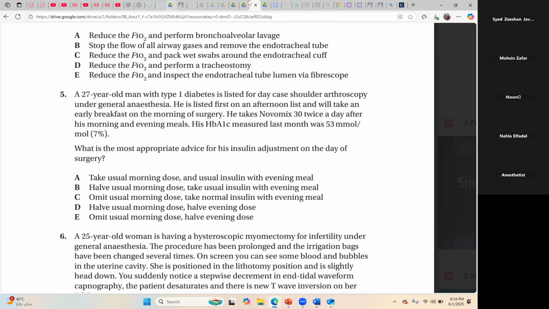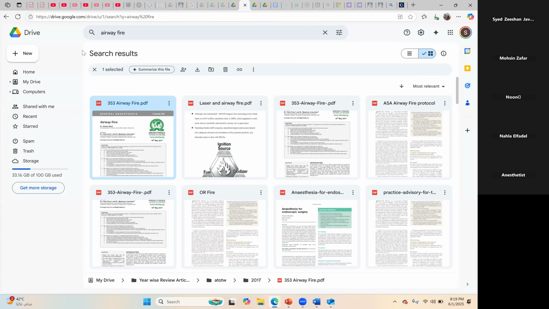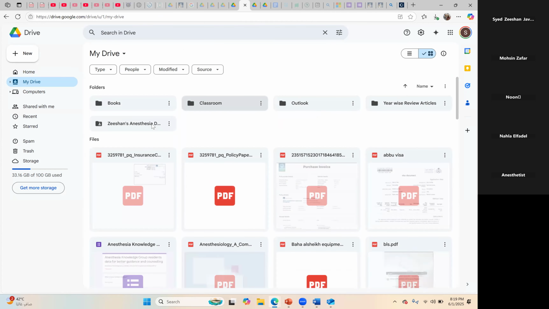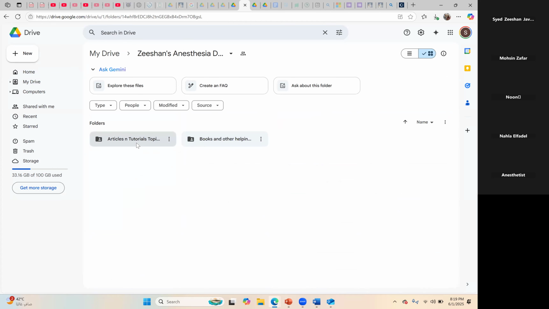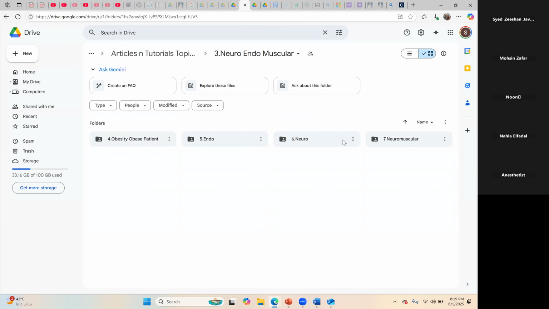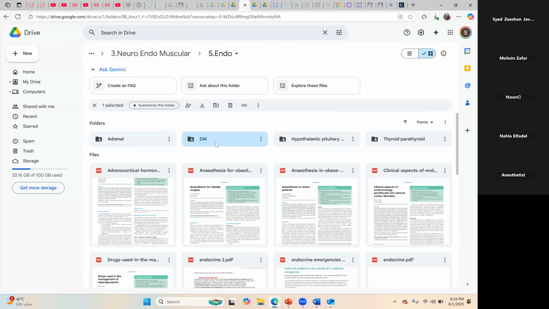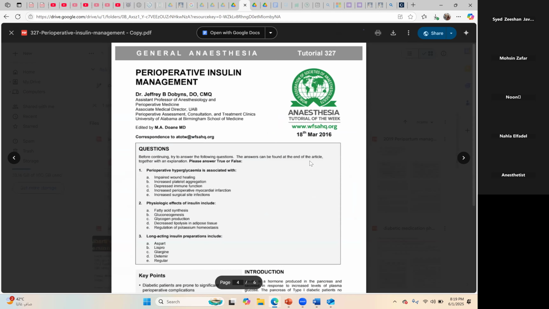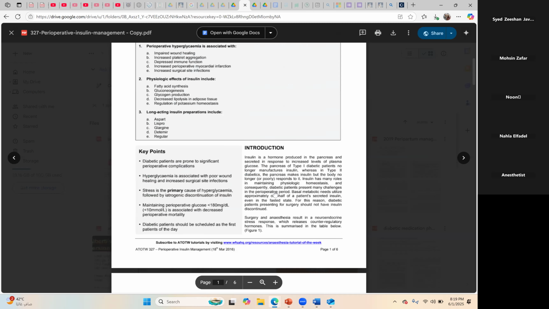Again, you will find an article here on diabetes and insulin regimes. Go into endo, and in endo you will find diabetes and insulin regimes, and perioperative insulin management.